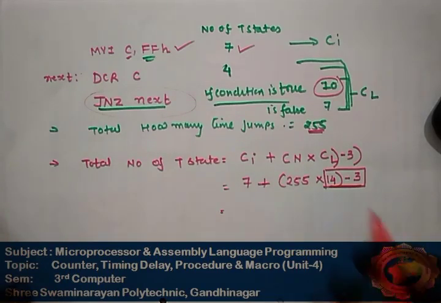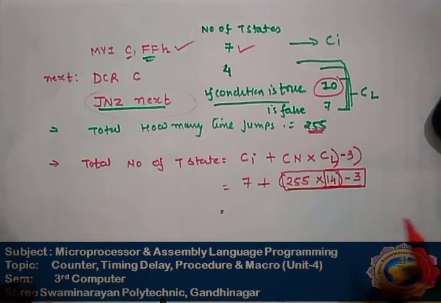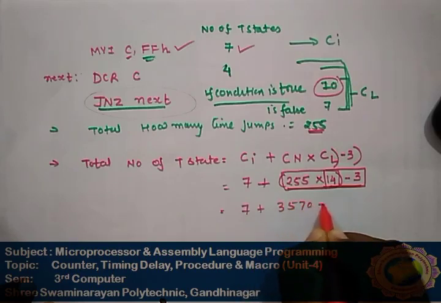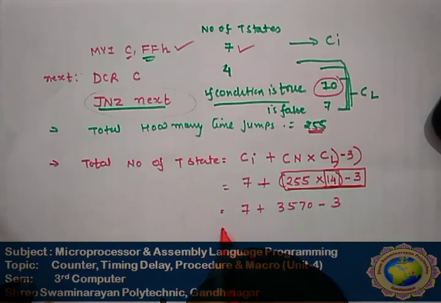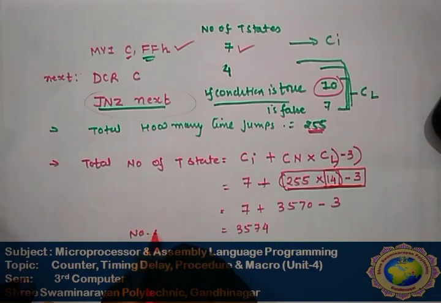So first multiply 255 into 14, that is 3570, plus 7, minus 3. So the total is 3574 number of T states.